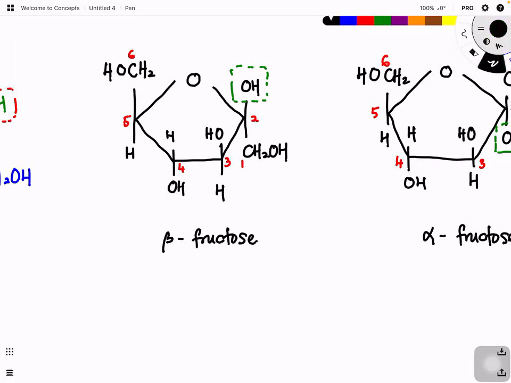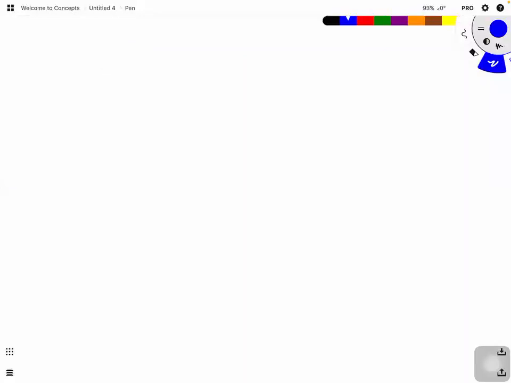Okay, so before we proceed, in order to form a sucrose molecule, to form the glycosidic bond, we have to react the alpha glucose with beta fructose.